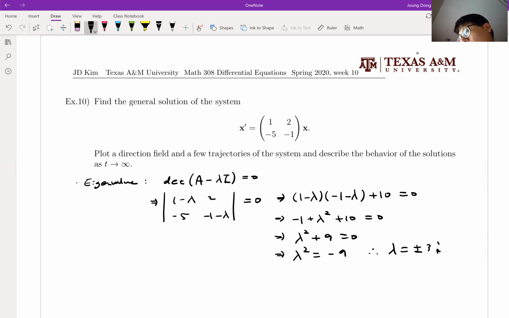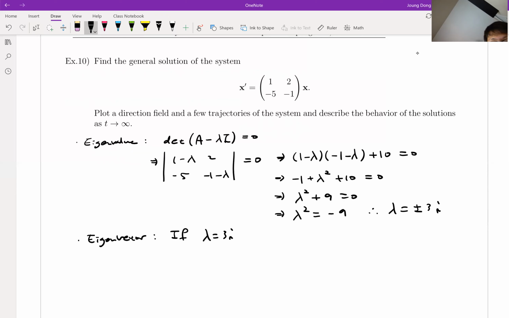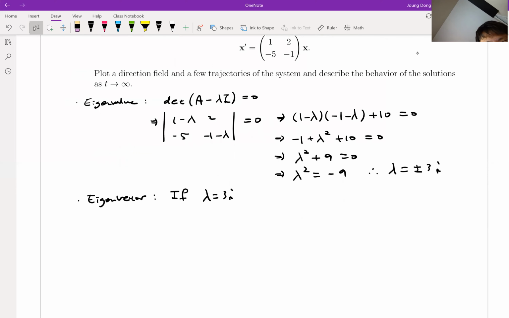As I told you, these are complex conjugates, so we are not going to take care of both of them; only one of them is fine. So we're going to choose 3i. Let me find the corresponding eigenvector. We set up A minus lambda I times v equal to 0.